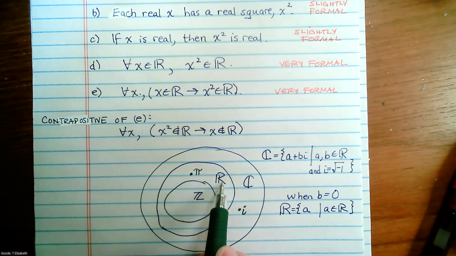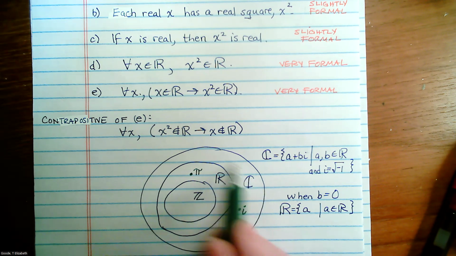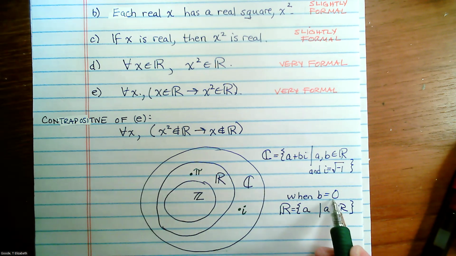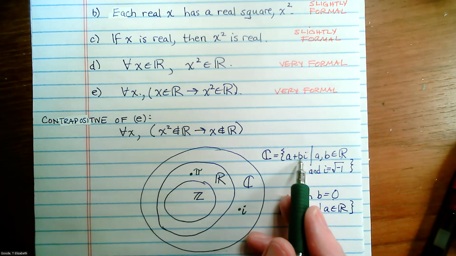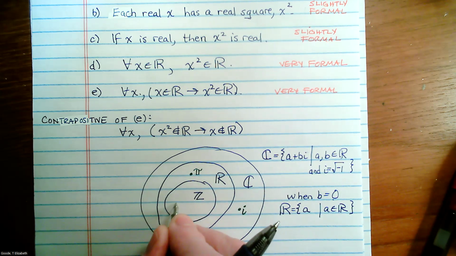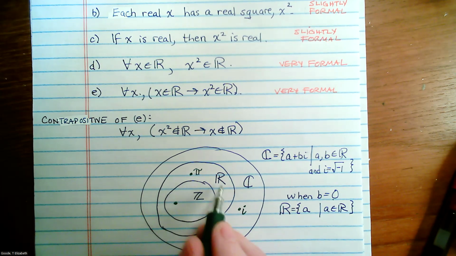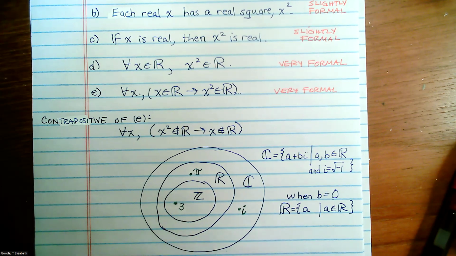So pi is real. It's also a complex number, but it's a complex number that doesn't have an imaginary component because b is 0. A is pi and b is 0. And integers, there are lots. See, pi isn't an integer, but 3 is, and 3 is still a real number.